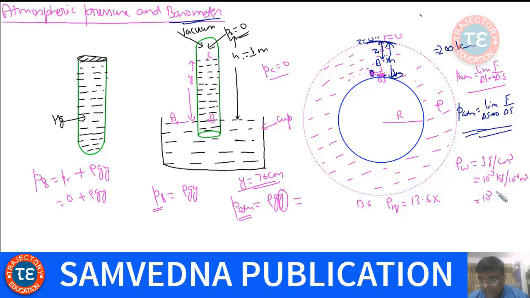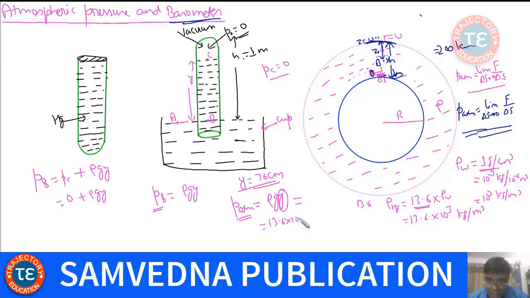So that comes to be 10 to the power 3 kg per meter cube. So rho Hg is 13.6 times that. This is called specific gravity. A specific gravity of 13.6 means the density of mercury is 13.6 times the density of water, and the density of water has been taken to be 1 gram per centimeter cube. So this is the density of mercury.